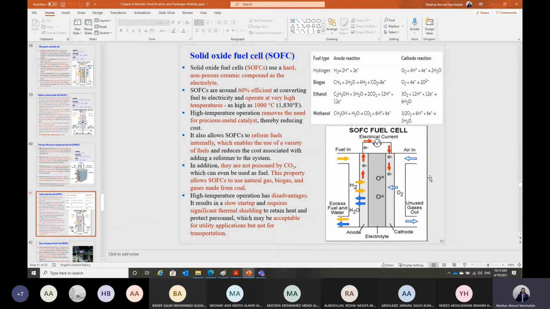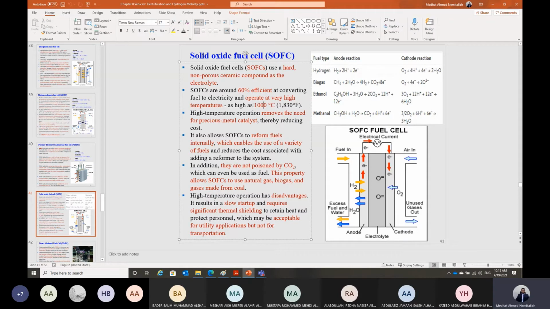One main advantage of this fuel cell, guys, is that the operating temperature is very high, which is 1000 degrees C. Usually our sequence, guys, is just to produce hydrogen through steam reforming of methane or any other hydrocarbon fuel. We have the reaction with water vapor, then we can produce this hydrogen. Then we can take this hydrogen to the fuel cell to produce electrical power.